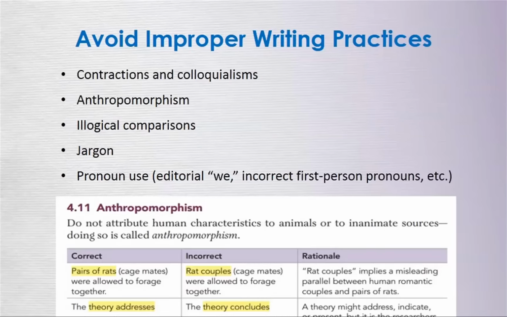In addition, in Chapter 4, we have just minor revisions to our guidance on avoiding improper writing practices. For example, information on use of contractions and colloquialisms, anthropomorphism, avoiding illogical comparisons, avoiding jargon, proper pronoun use, such as avoiding the editorial we, picking the correct first-person pronouns to use when you're talking about something that you did.